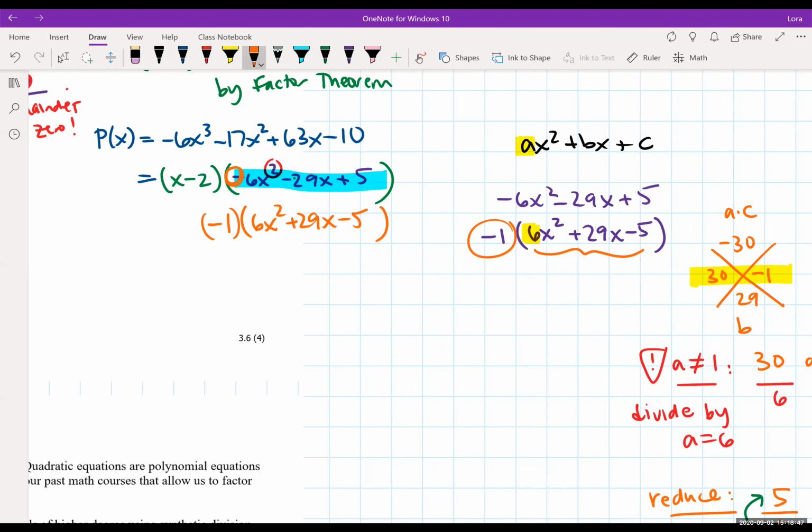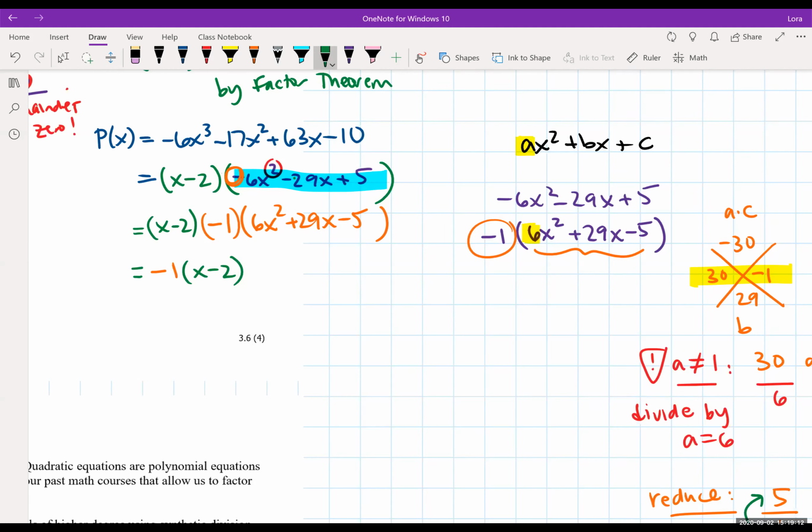But remember, when I pull out the negative 1, I have to be careful because who was already there on the outside? X minus 2. So if you were looking at this a little more closely, most of the time when you see constant, or I should say monomial factors, they prefer to write them at the very beginning.